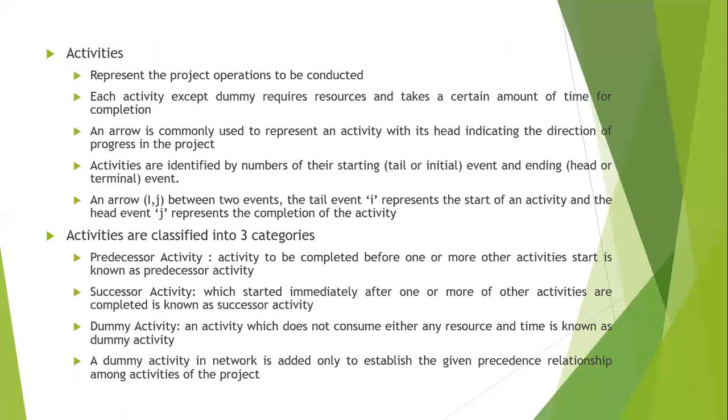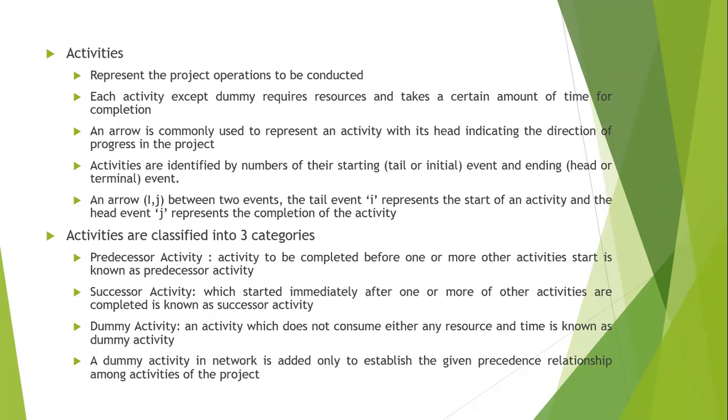Okay. What are activities? They represent the project operations to be conducted. Each activity except dummy requires resources and takes a certain amount of time for completion. We'll see why a dummy activity is required. An arrow is commonly used to represent an activity with its head indicating the direction of the progress.